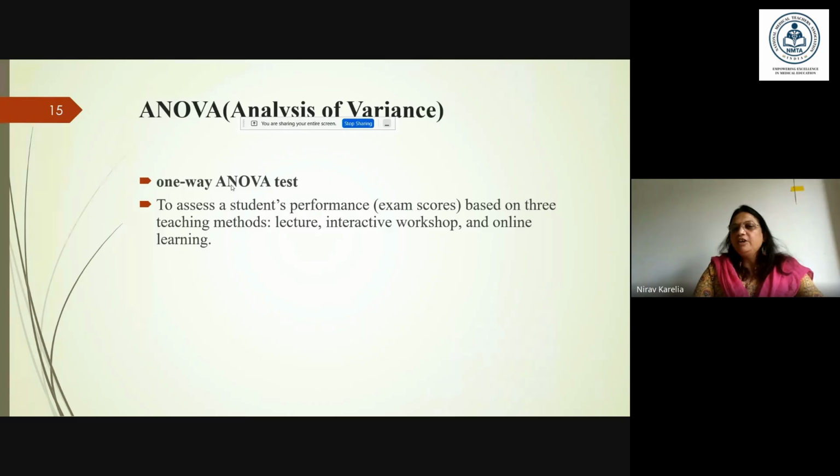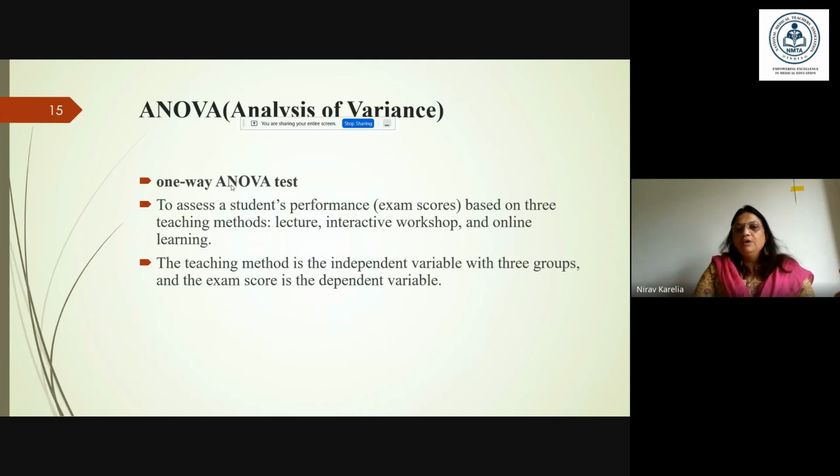The second group is the interactive workshop, then what is the exam score, and the third one is online learning. So I have included only the teaching method. The teaching method is my only variable, the outcome is my exam score, but within the variable there are three groups, three methods. So the population is 3.